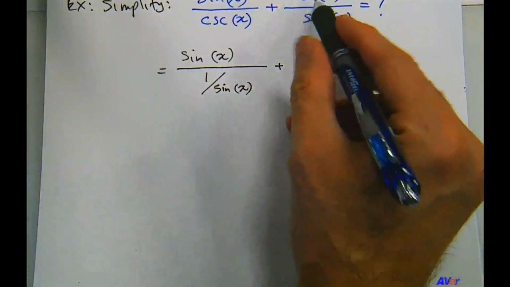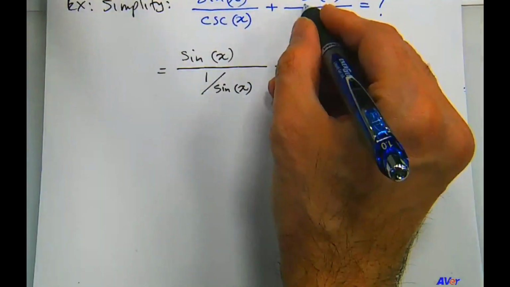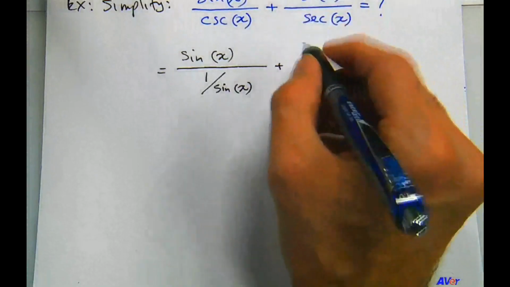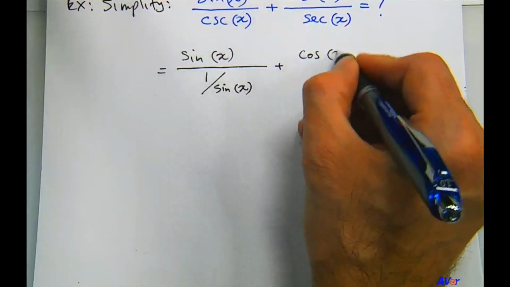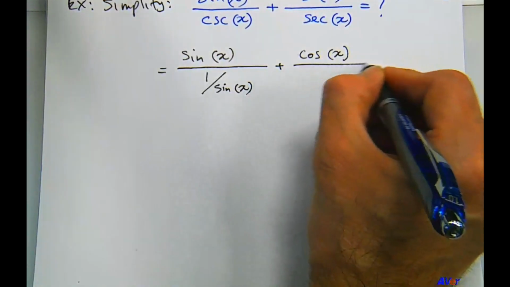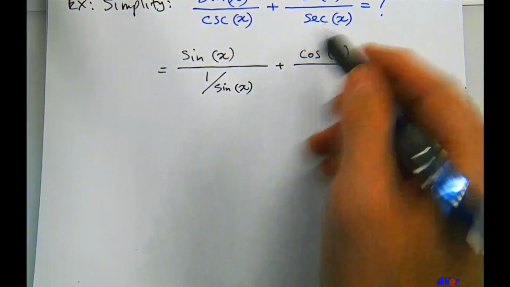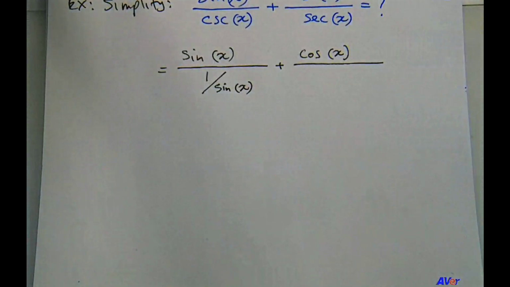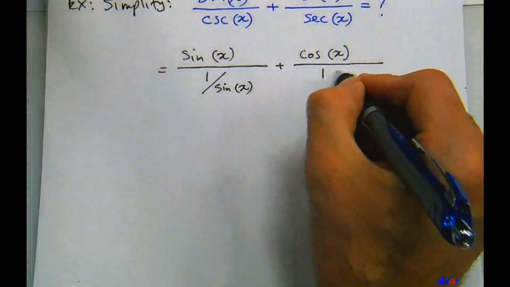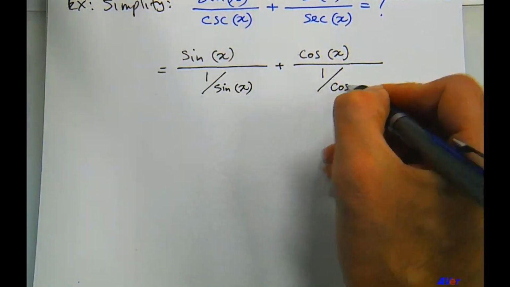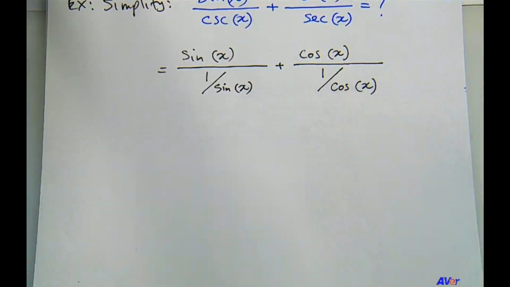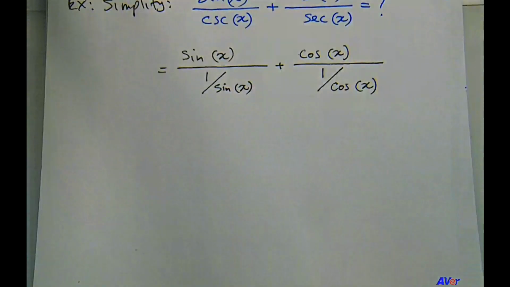Plus cosine function, not cosecant, cosine function, divided by, now secant function is the reciprocal of which function? Do you remember? Reciprocal of cosine function. So 1 over cosine of x.